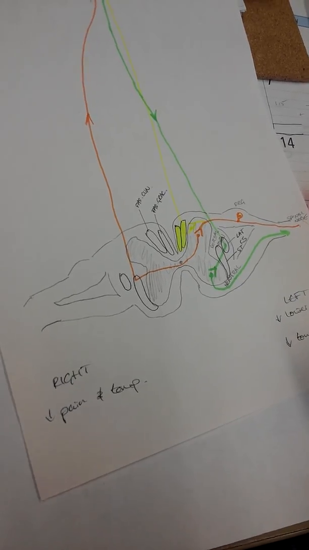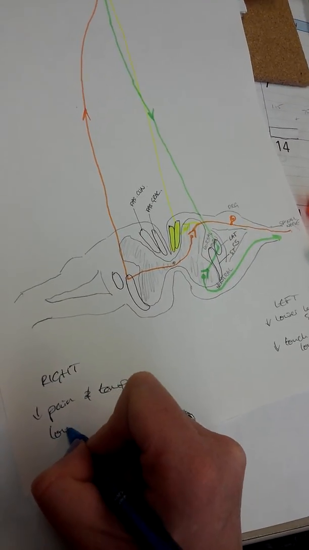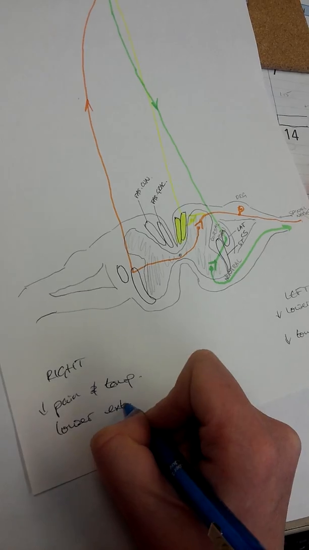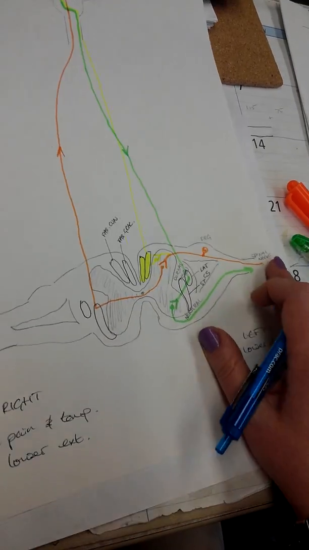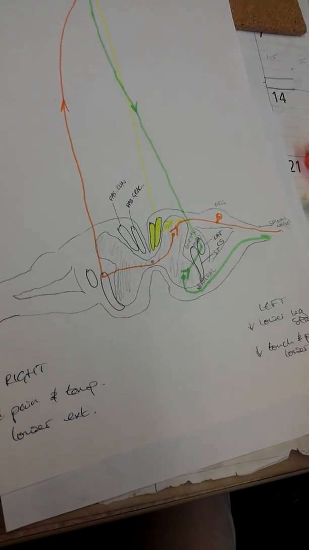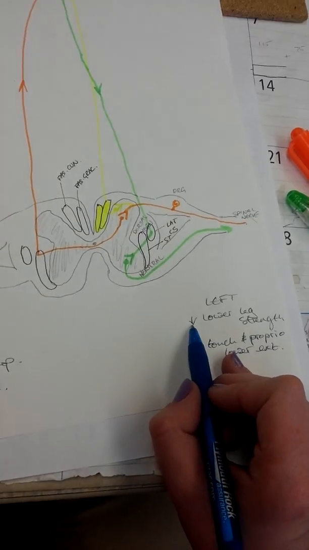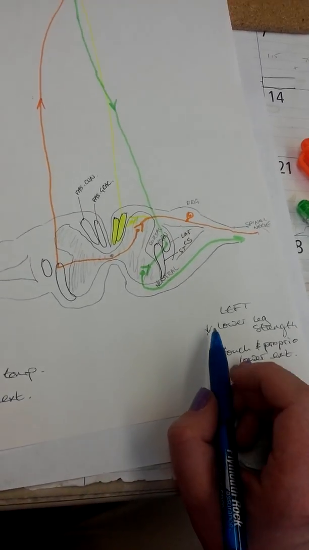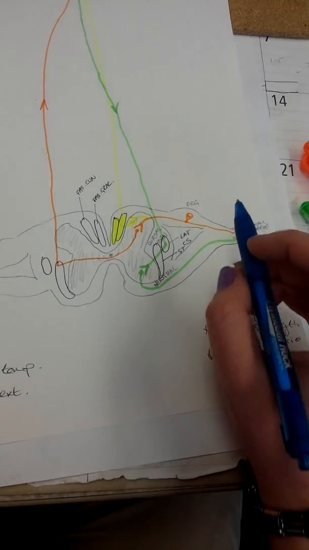Remember, all of this happens to be lower extremities. Now, if we take the easiest pathway, we look at the motor pathway. So he has decreased lower leg strength on the left-hand side.